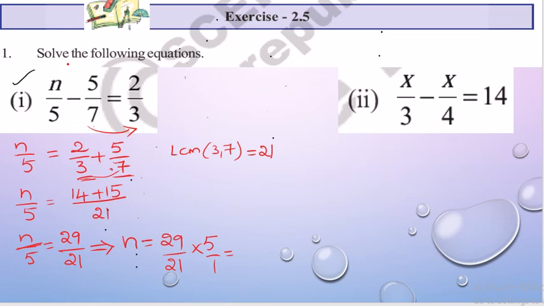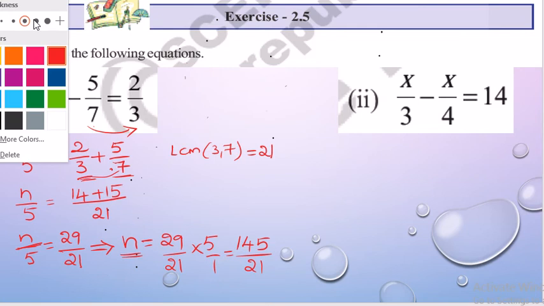If you don't know the 29 multiplication, we can multiply with 30. 3 fives are 15, so 150. 29 is 1 less than 30, so 1 time of 5 I need to subtract. That becomes 145 divided by 21. So n is equal to 145 by 21.